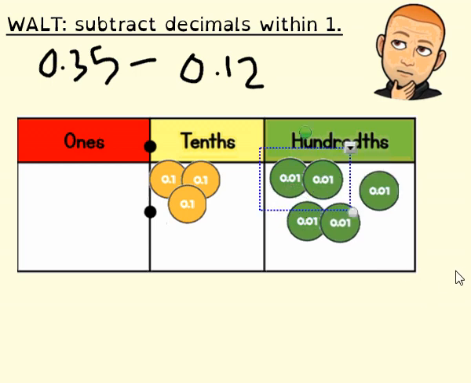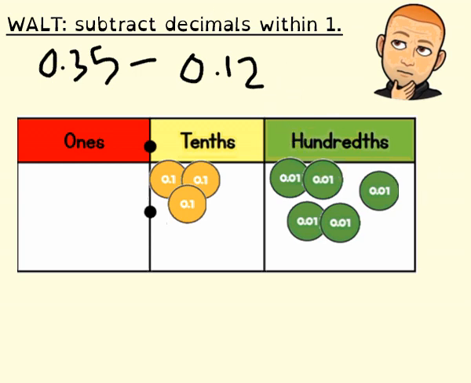I want to subtract 0.12, which is the same as 1/10 and 2/100. I'm using my place value knowledge from my previous lessons to understand the value of the 1 and the value of the 2. I'm going to start by subtracting my hundredths.